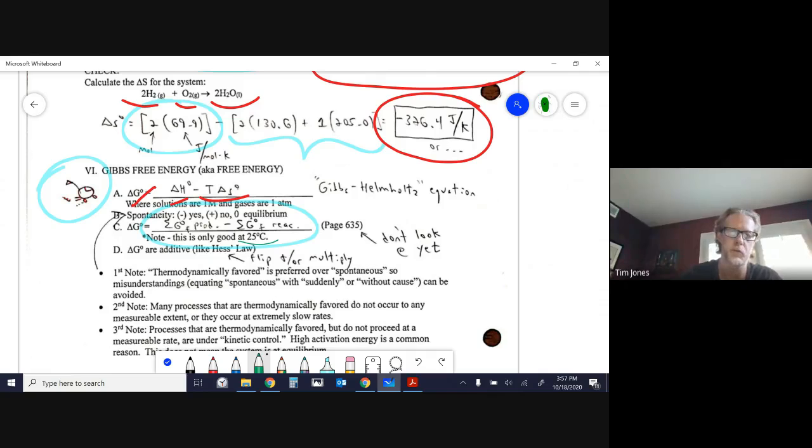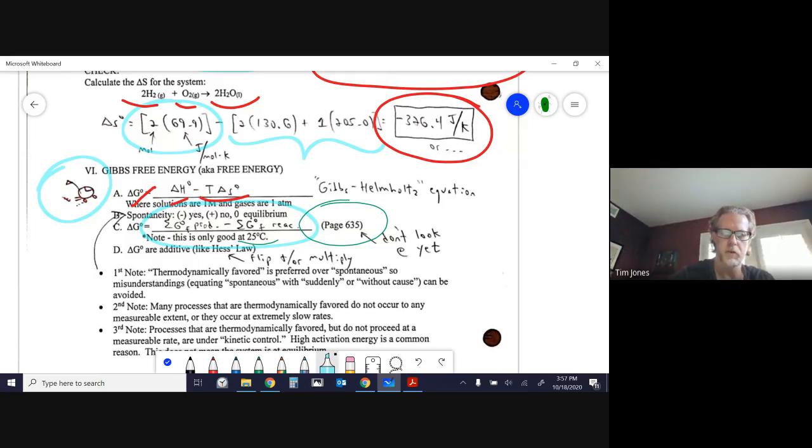I mentioned that these are on page 635, but you're seeing into the mind of a chemistry teacher, and I'm saying do not look there yet. So I'm not going to take us to that page yet. We're going to do a problem where we don't need that page first, and then we'll do a problem where we do use it.